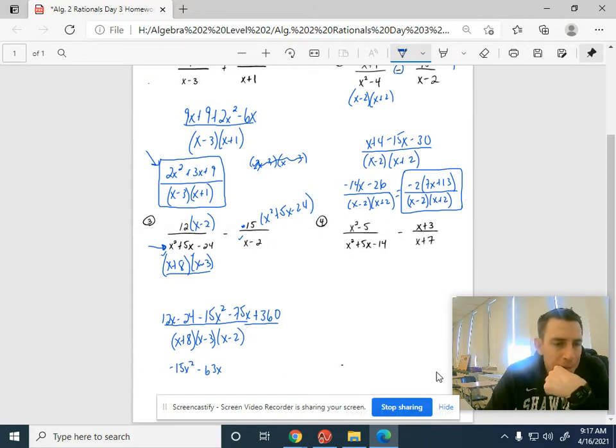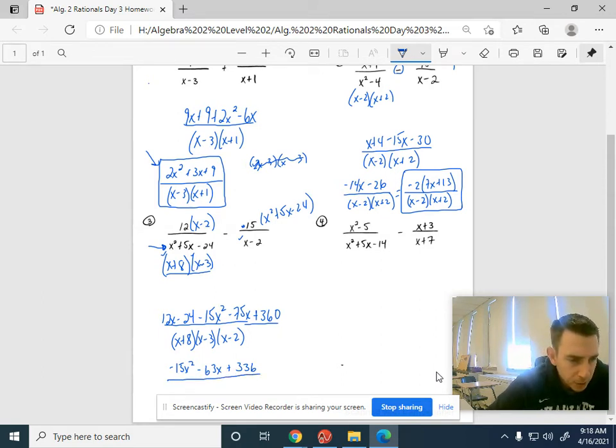Negative 24 and positive 360 would be plus 336. All right. Now, this is definitely going to be a little challenging to factor. It's going to be a little work. Now, I could rewrite the denominator, and I will, down here. You could always skip that, just knowing it's there, and save yourself some time.